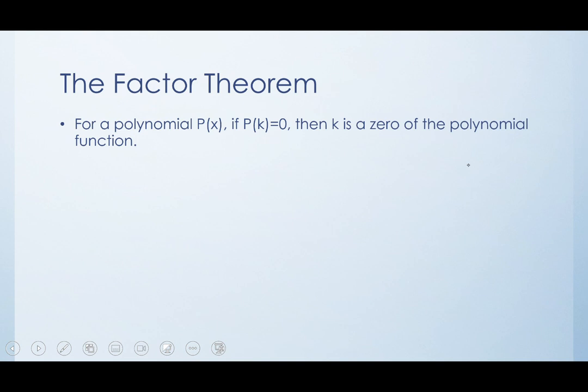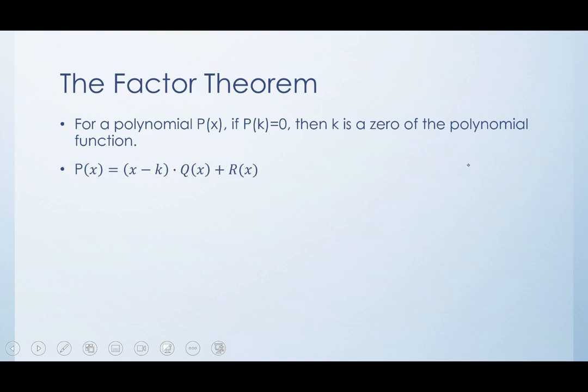So, start with the factor theorem, which is pretty straightforward. We've got a polynomial p of x, and if we know that when we plug in k we get out 0, so if p of k is equal to 0, then we know k is a 0 or a root of the polynomial function.